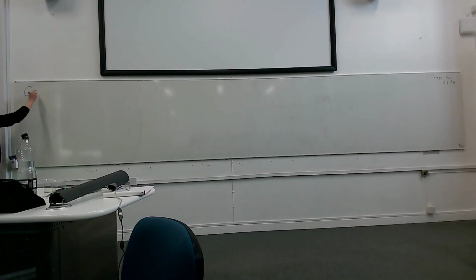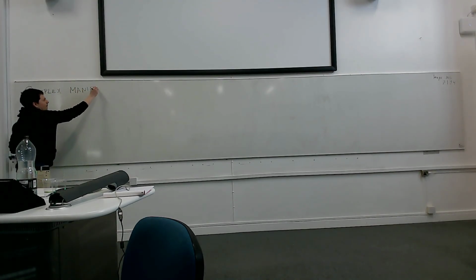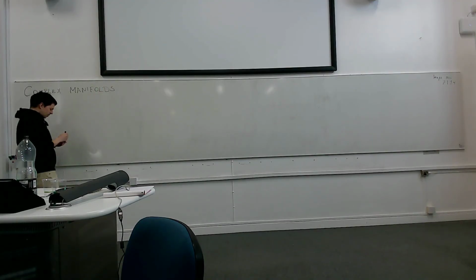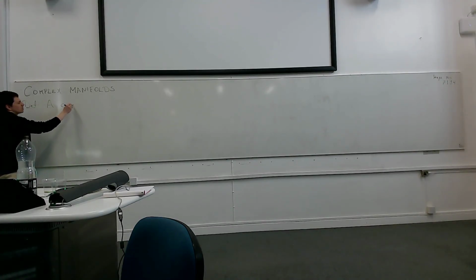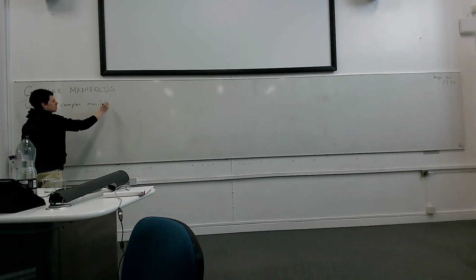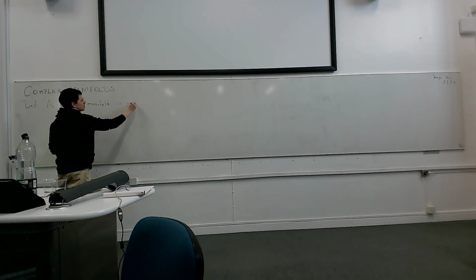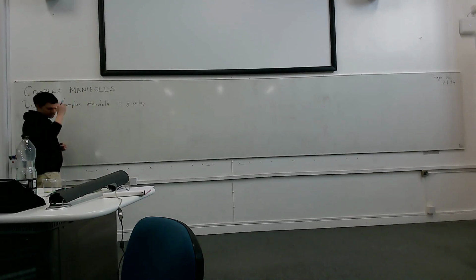So the first part is complex manifolds. The definition of a complex manifold is as follows. A complex manifold is given by the following data.